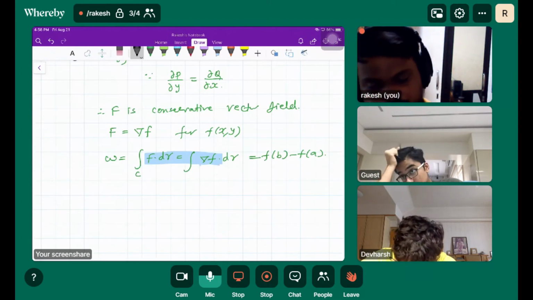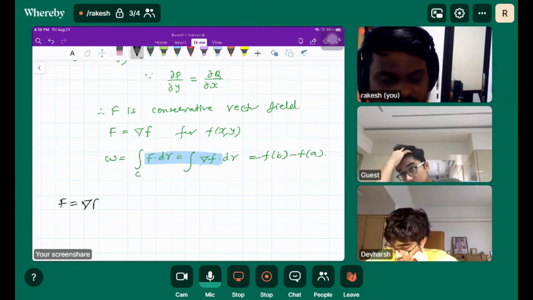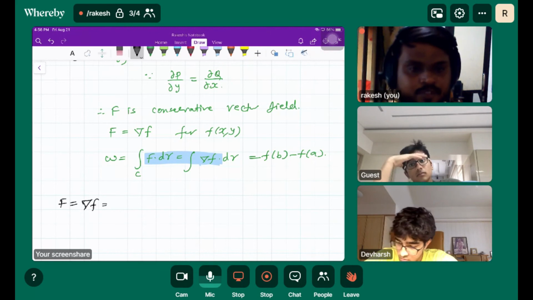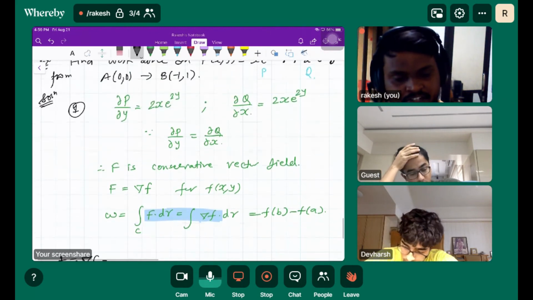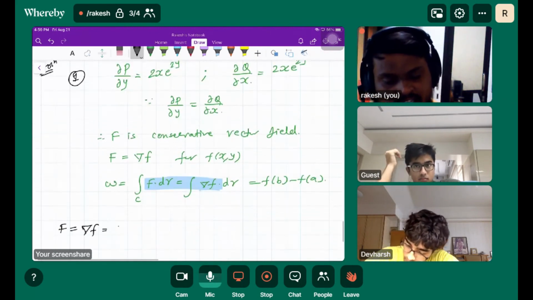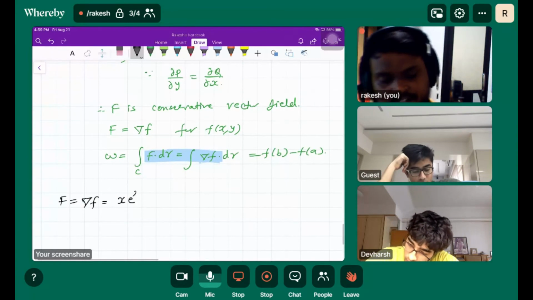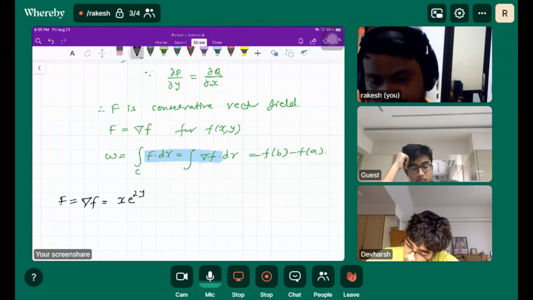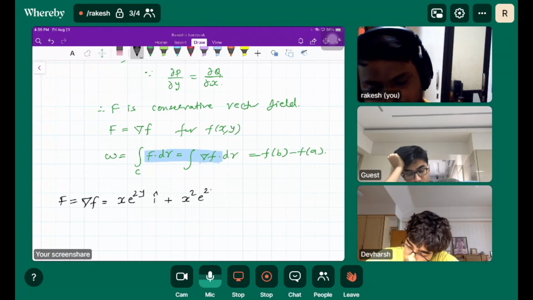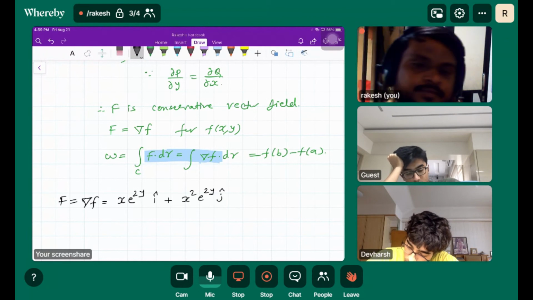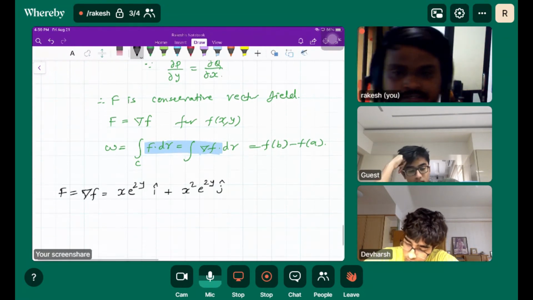Now what is ∇f here? ∇f is given, that is our vector field x e^(2y) i plus x² e^(2y) j.